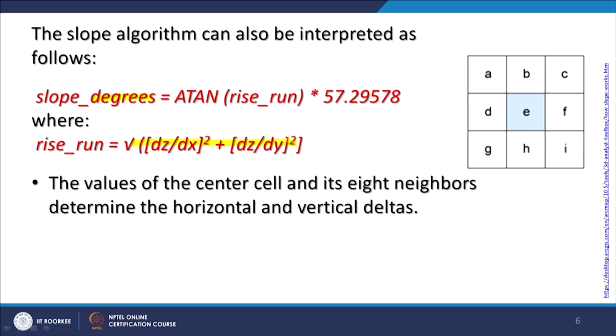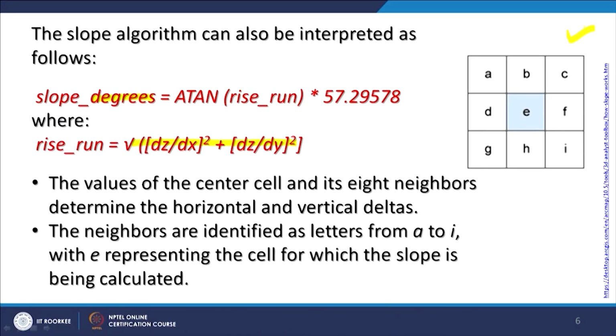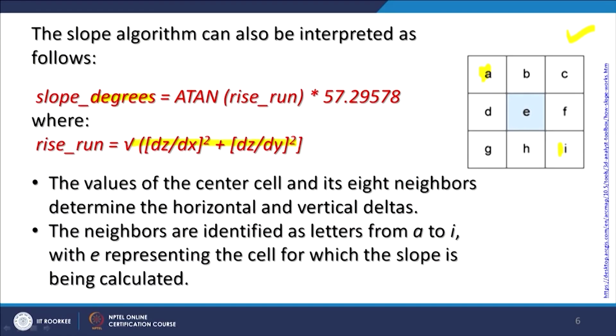Like here in this example, for each cell the values are calculated in both directions, and the neighborhood is identified here between A to I, with E representing the cell for which the slope is being calculated. Always, in a 3 by 3 or 5 by 5 or 7 by 7, the calculation is performed for the center cell.